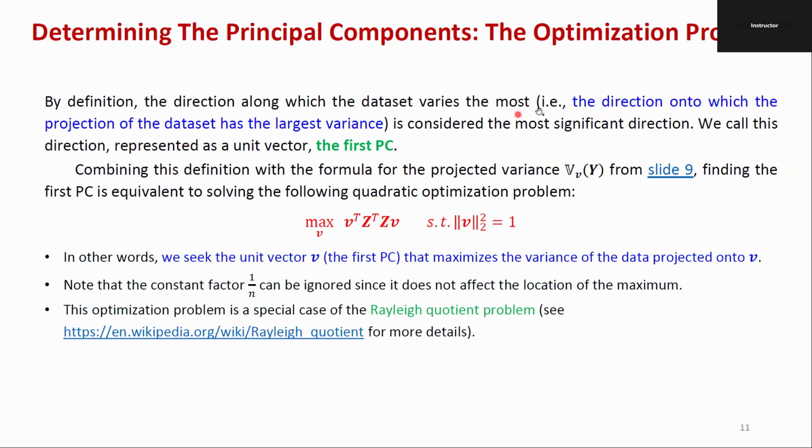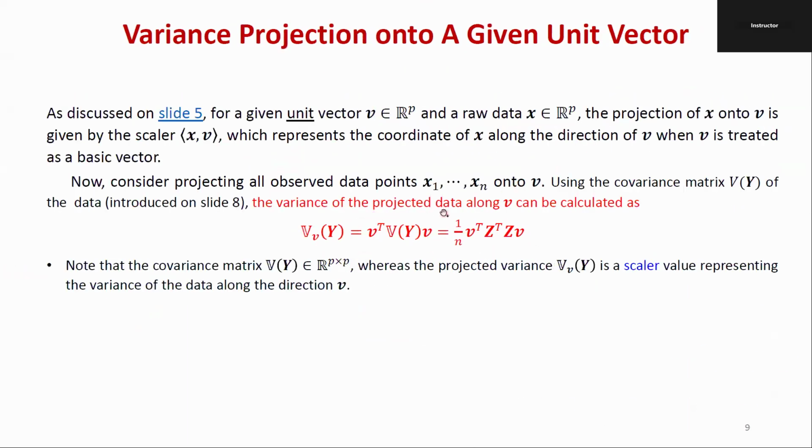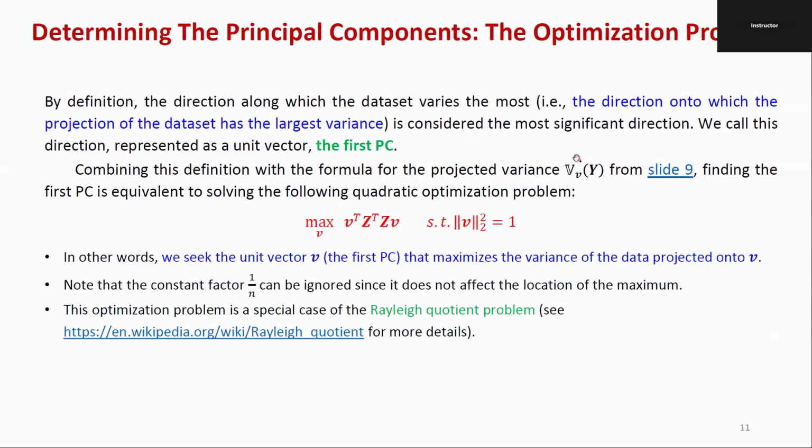If we combine the definition with the projection formula here, then we can make it a quadratic optimization problem, which is here. V is the decision variable. I'm going to maximize V transpose Z transpose Z V, subject to V being a unit vector, meaning the length of it is 1.